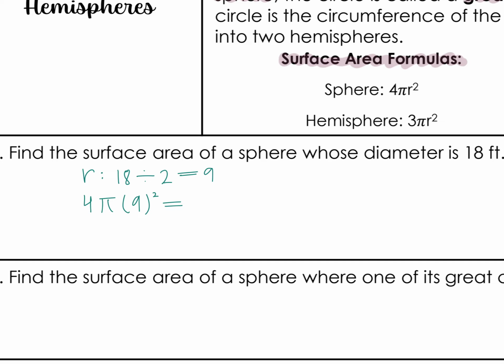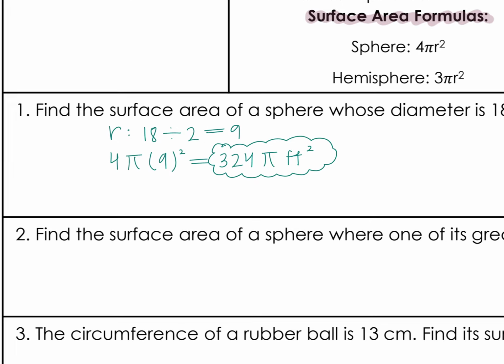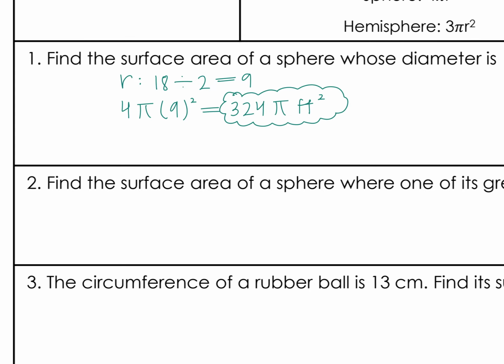So 4 times 81, since 9 squared is 81, is going to give me 324 pi. And then we'll include our units of feet squared. So that one was pretty simple. Now let's look at number 2.